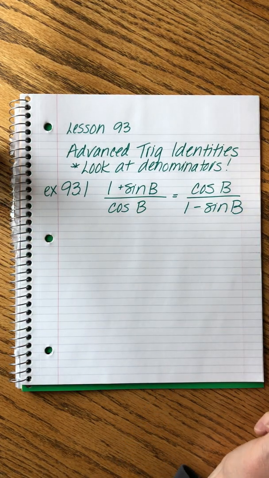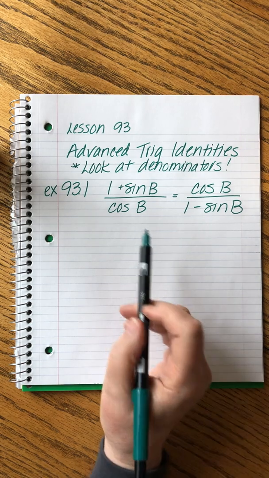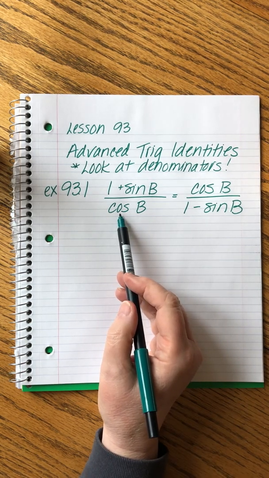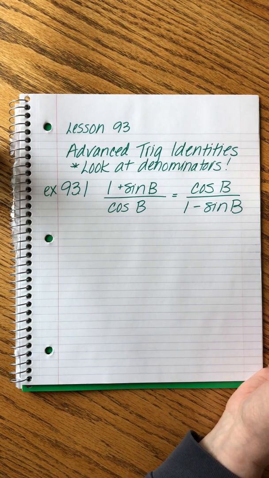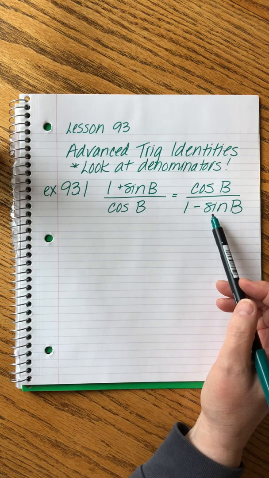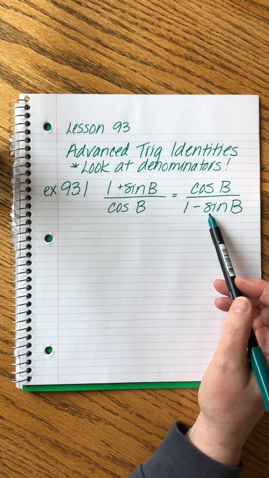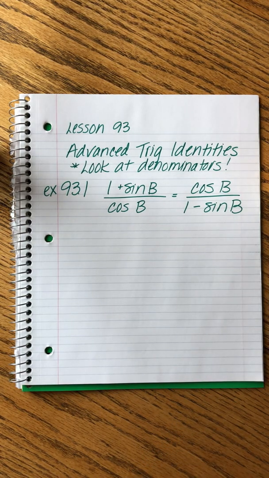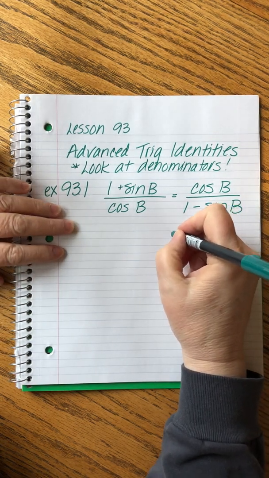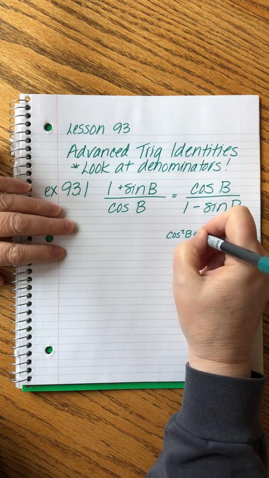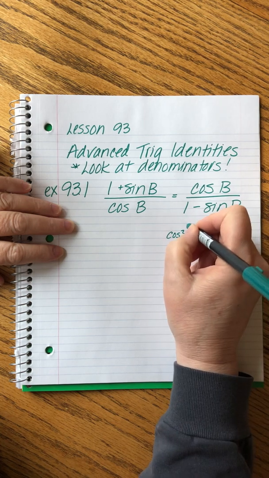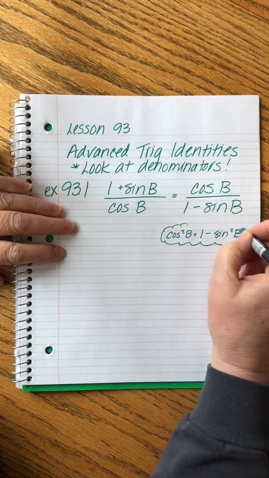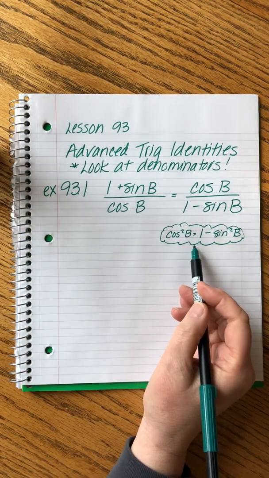Okay, so here's what we've got. We look at the denominators and think, how are we going to turn this into this? Well, we're not quite there, but the first thing that jumps into my head, and granted, this is the hard part of these identities, is having these brain flashes where you see this. I know that cosine squared b equals 1 minus sine squared b, right?